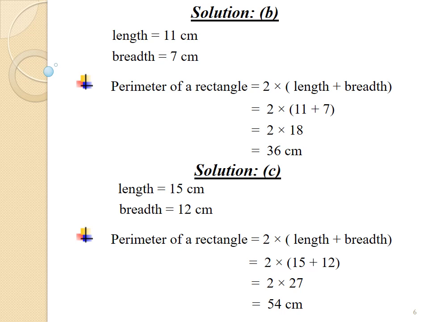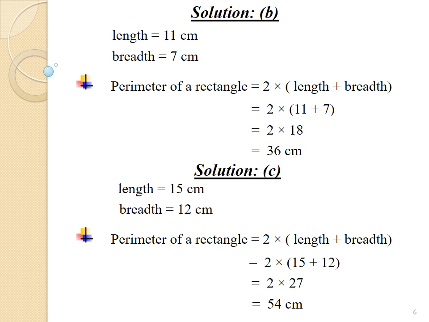Now, sum B. Length equals to 11 centimeter. Breadth equals to 7 centimeter. Therefore, perimeter of a rectangle equals to 2 into length plus breadth equals to 2 into 11 plus 7 equals to 2 into 18 equals to 36 centimeters. Thus, perimeter of a rectangle equals to 36 centimeters.